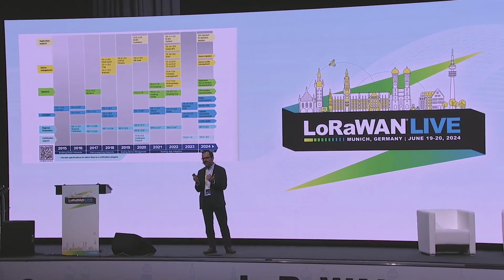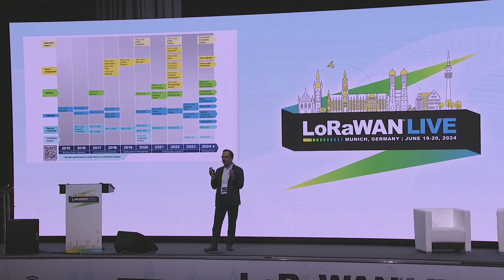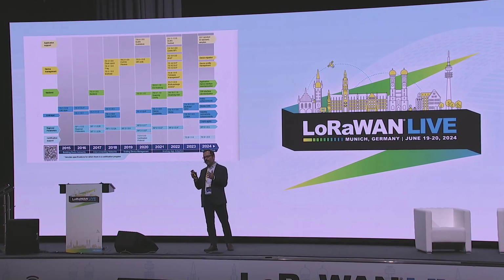But given that IPv6 brings a large overhead, also followed by UDP or TCP header, which cannot natively fit into the LoRaWAN payload, we started collaborating with the IETF, the Internet Engineering Task Force. In the LPWAN working group, we contributed to the development of the IETF SCHC protocol, which is an adaptation layer that can profile IP and higher layer headers, and also compress them so they can fit into LoRaWAN frames.